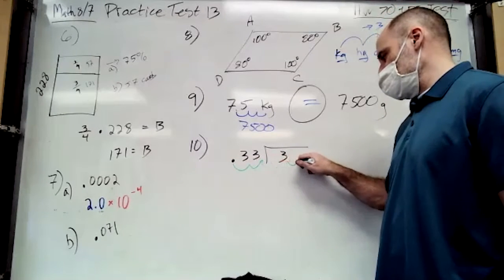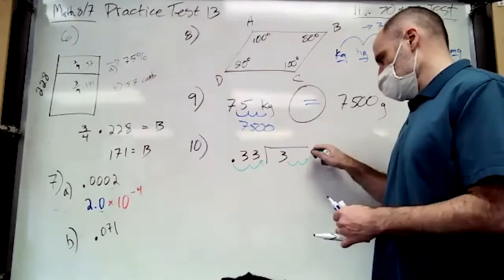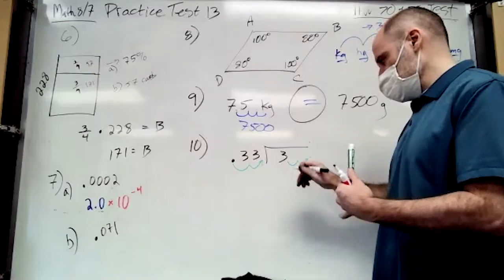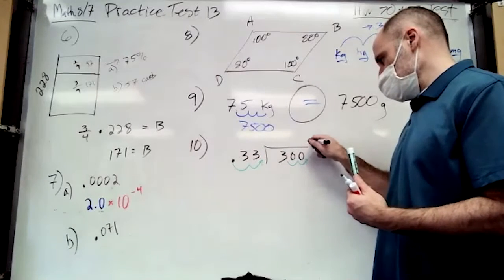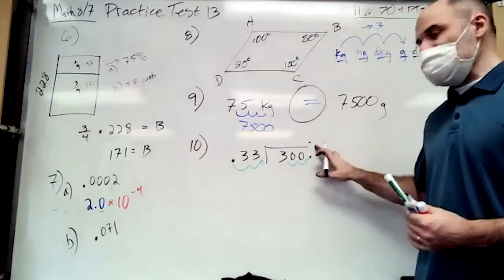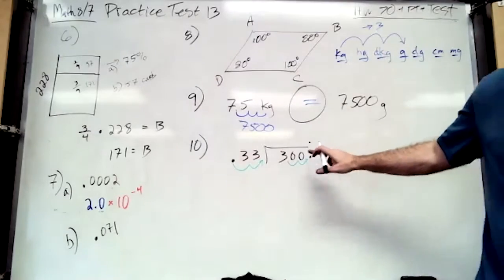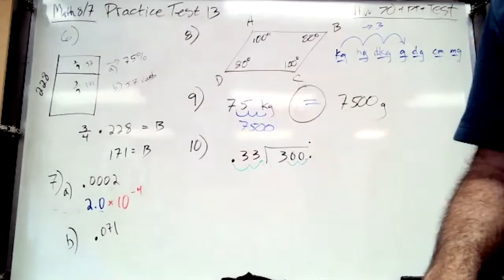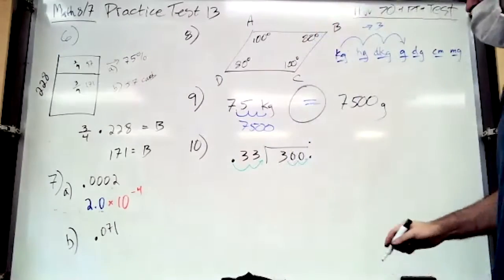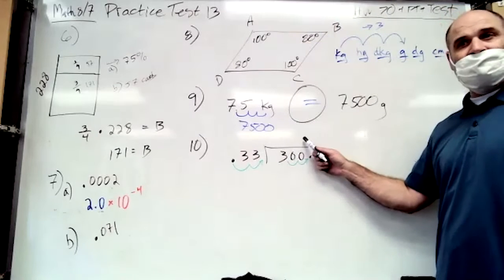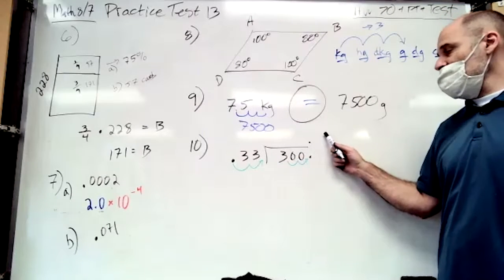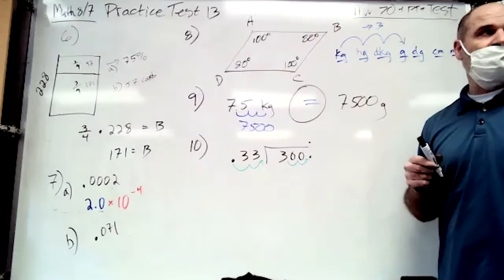So this has to go 2 places to the right. So our decimal is going to be after 2 zeros. So there's where the decimal will be in the answer, but it says round to the nearest whole number. So we have to go one more place past the whole number so we know how to round the whole number.